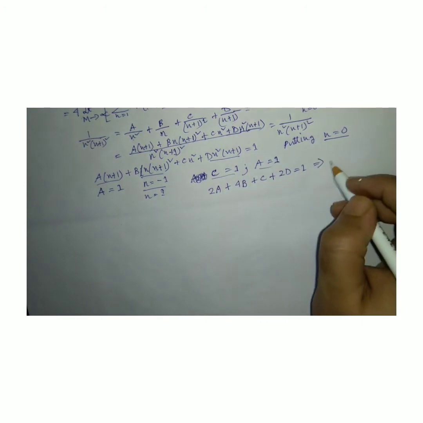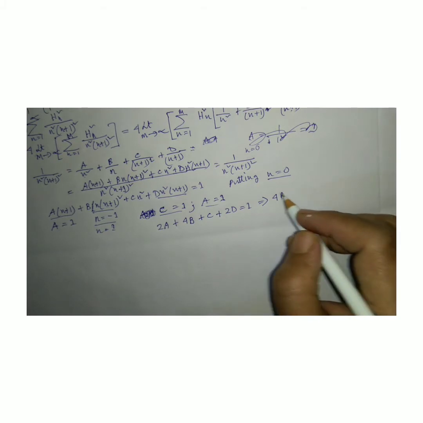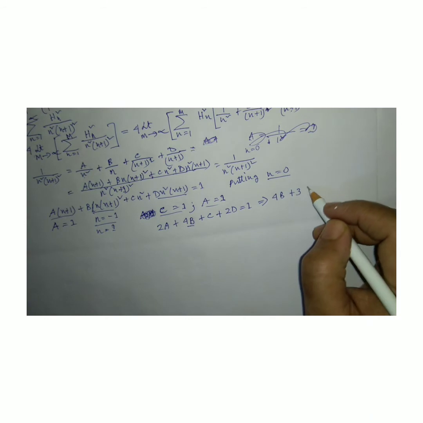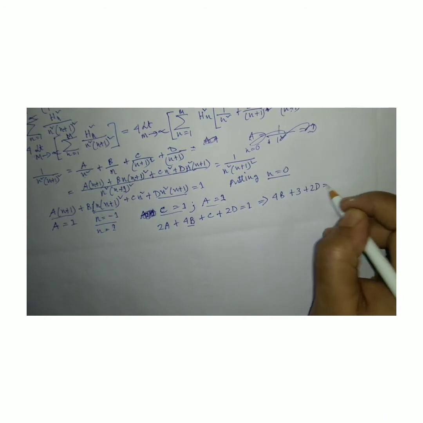The a value and c value we know. So 4b plus 3 plus 2d is equal to 1.